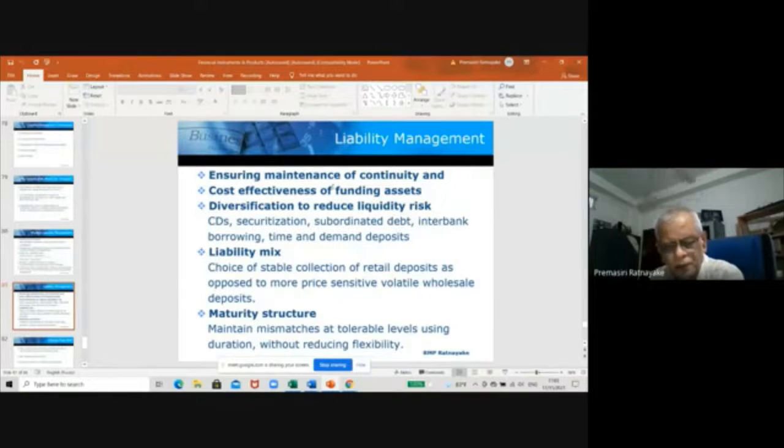Liability management, ensuring maintenance of continuity and cost effectiveness of funding assets. Now, when you say ensuring maintenance of continuity, I was speaking of maintaining the reputation and the compliance culture that will enable the existing liabilities, the existing deposits, to be renewed all the time and not withdrawn from the organization.